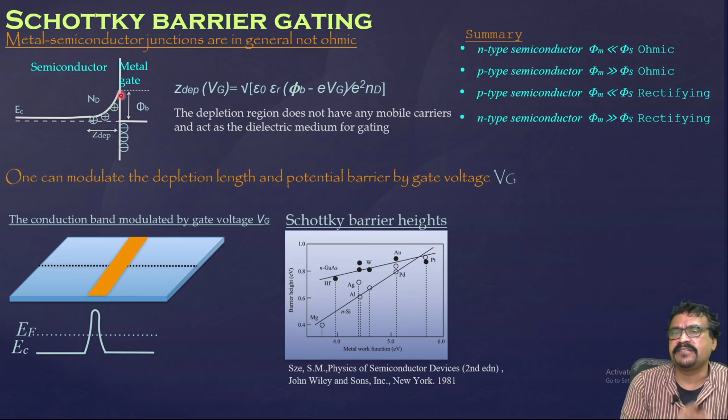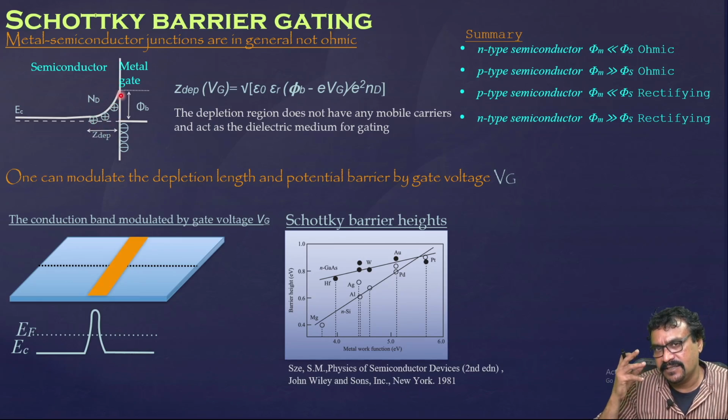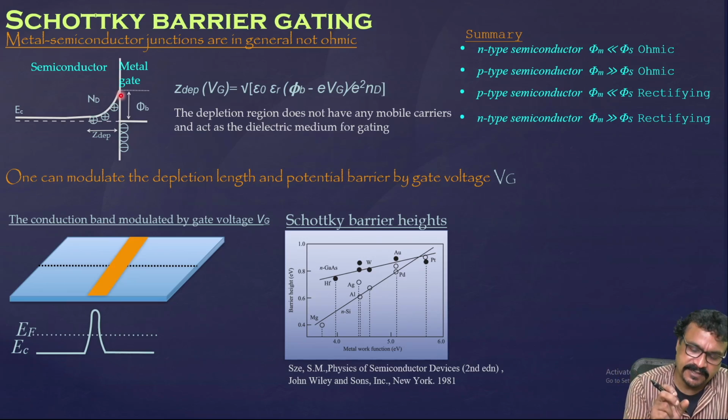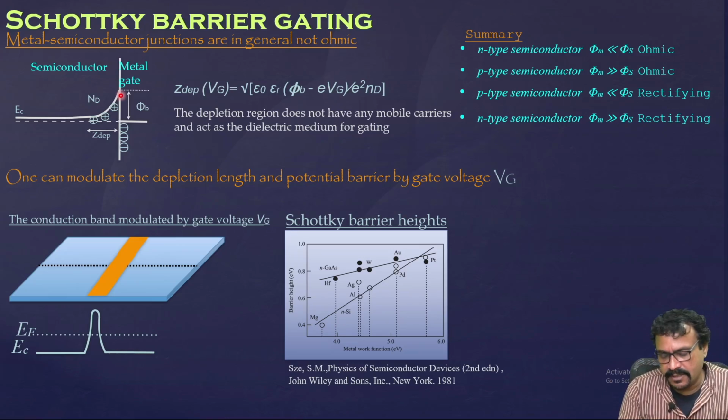Depletion region means it is depleted of any mobile charges. That means it is a dielectric medium which will act as a gate dielectric. So you don't need to put an extra dielectric like an oxide layer here. You can just use the depletion region, that thin region where the charge carriers are depleted, as the insulator. So you are not going to put any foreign material on top of it, and you can get better control and also better mobility.